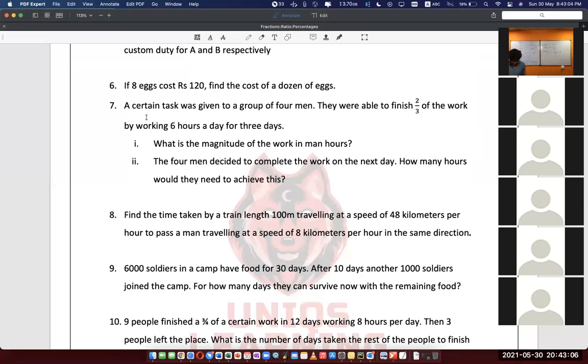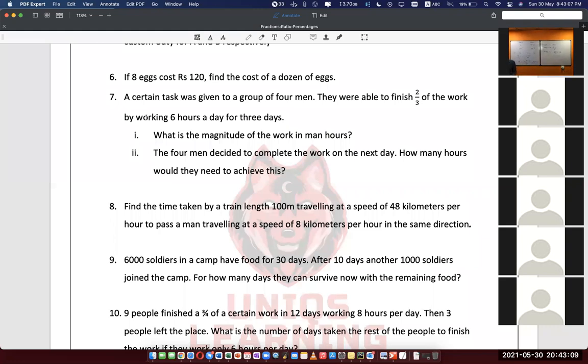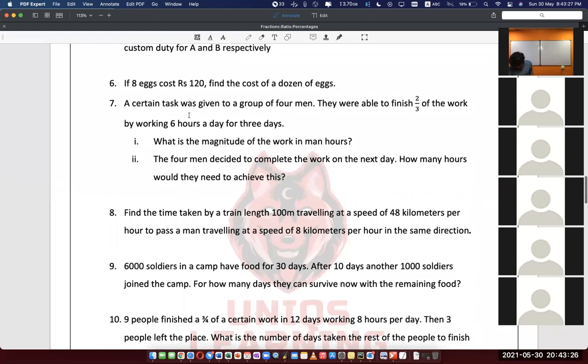A certain task was given to a group of 4 men. Okay, so I think I can erase this, right? Easy question. I just wanted to do the train question. It's okay. Question number 7.